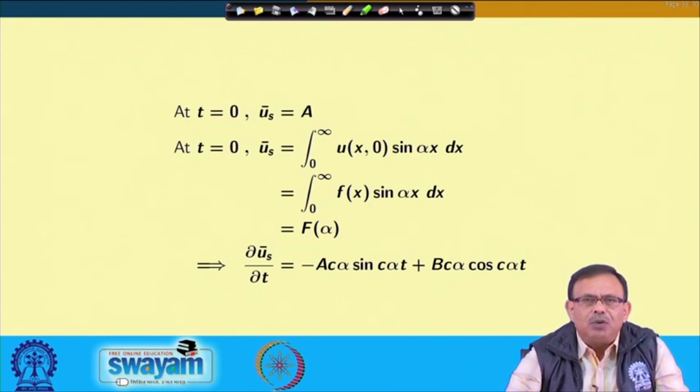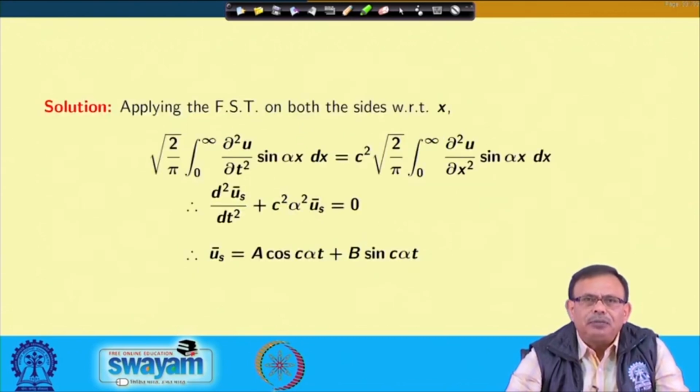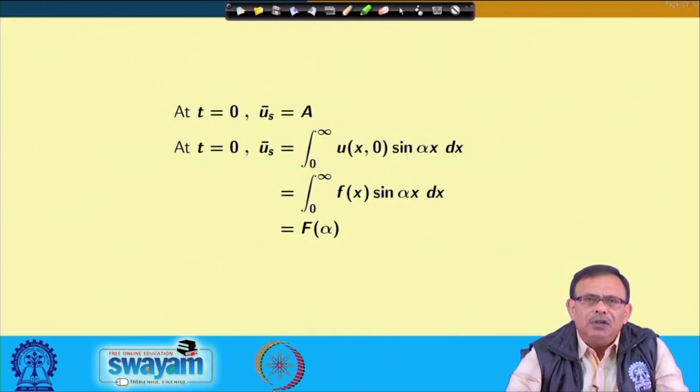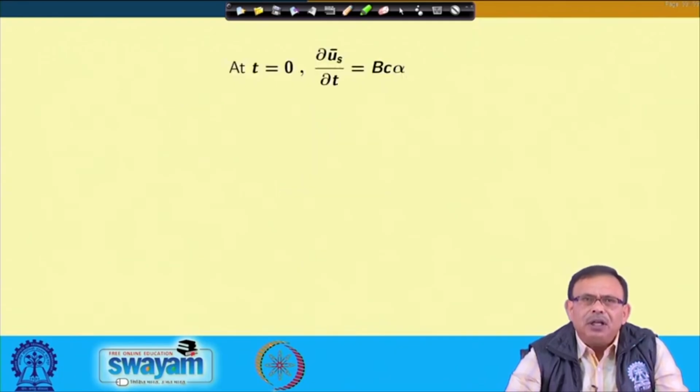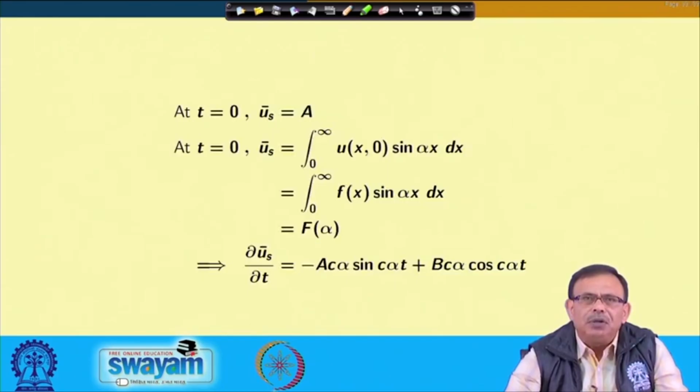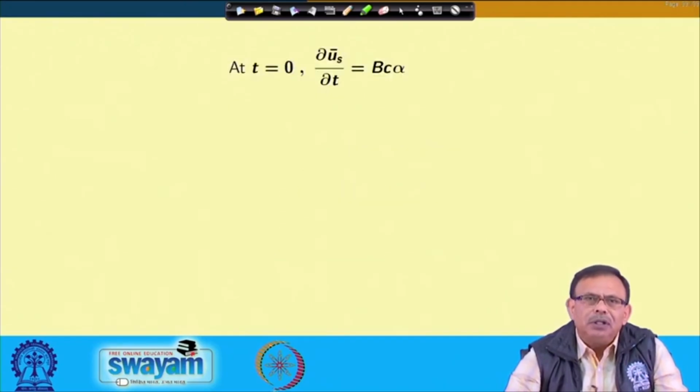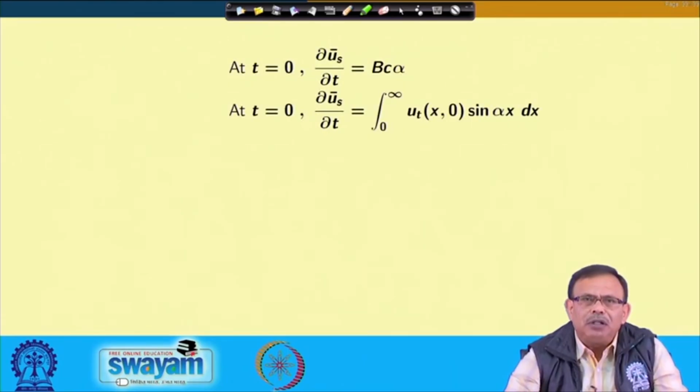Now, if I differentiate that equation, I will obtain ∂ū_s/∂t as this, and at t equals 0, if you put it here, your a term will vanish, since sine is there. So, it will be b sin of b c alpha. Now, at t equals 0, ∂ū/∂t is how much?